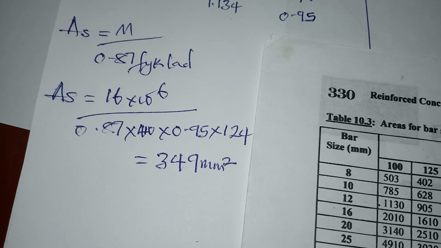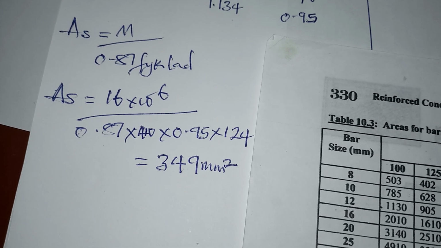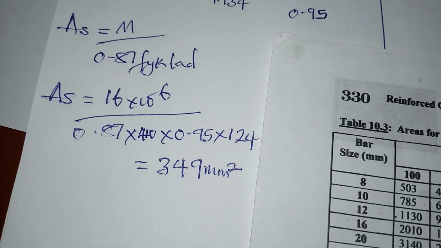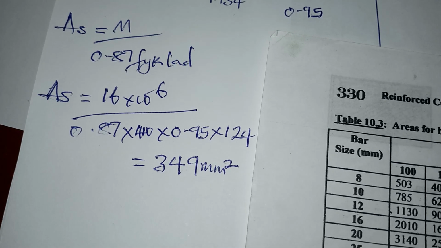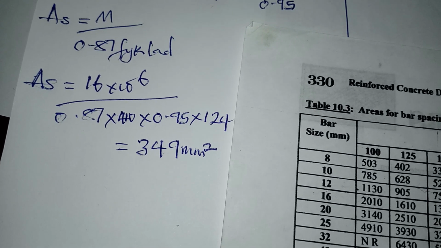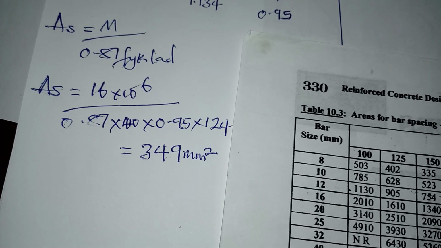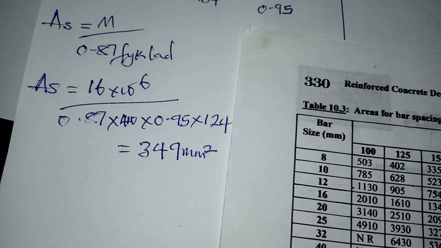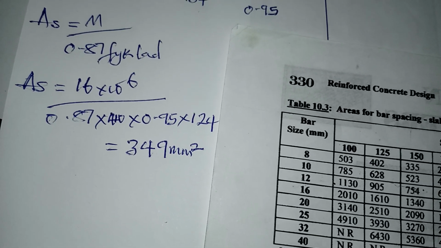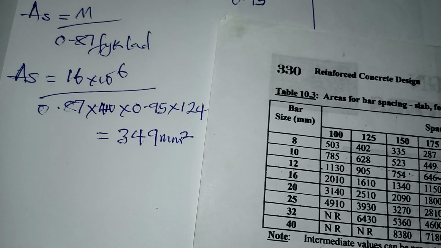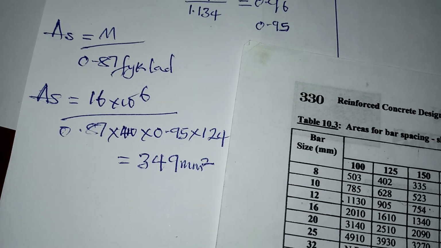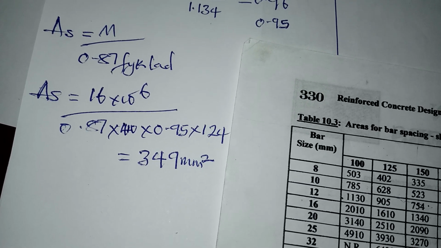That will lead us to 377, a spacing of 300 mm, which is going to be okay for this particular slab, but for safety purposes we are going to reduce it to 275.